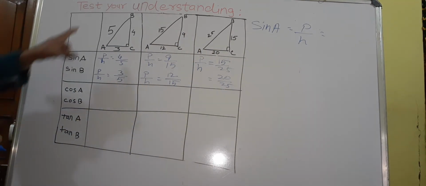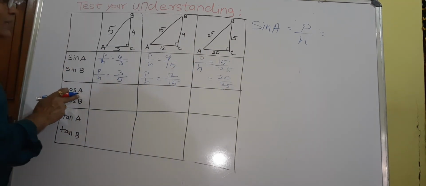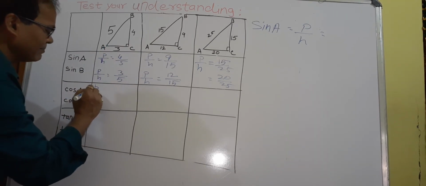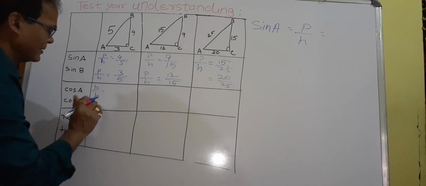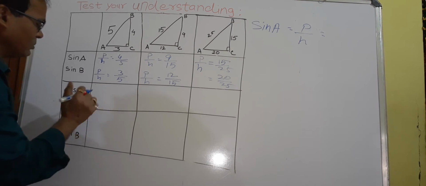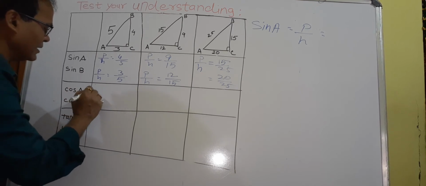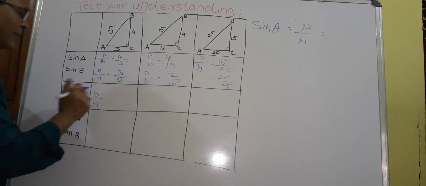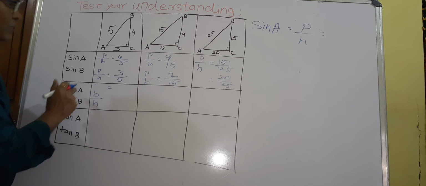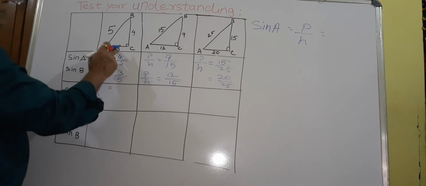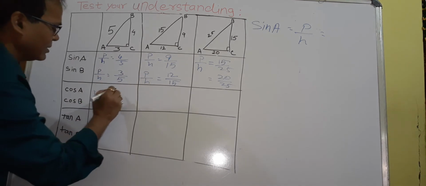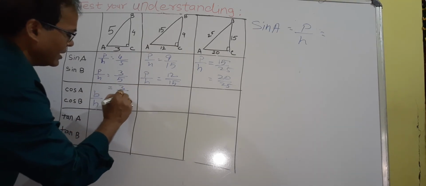Similarly, you can fill the cos A. Cos A is equal to B by H. So for both angles we can write B by H. For cos A you will get B by H, where base is 3, so 3 by 5.